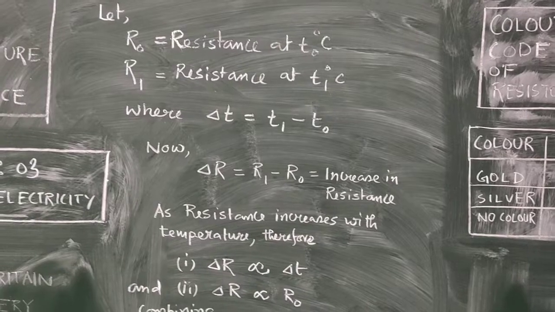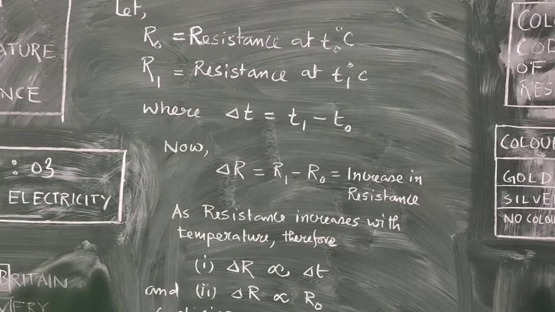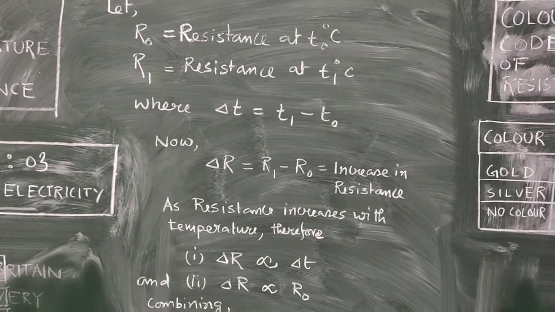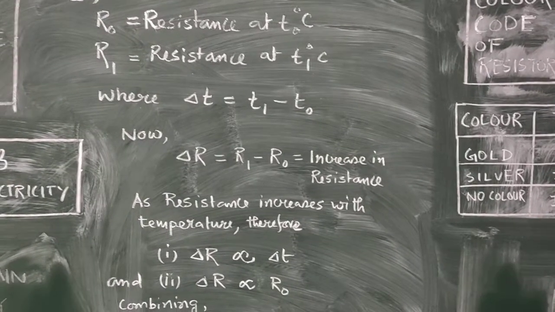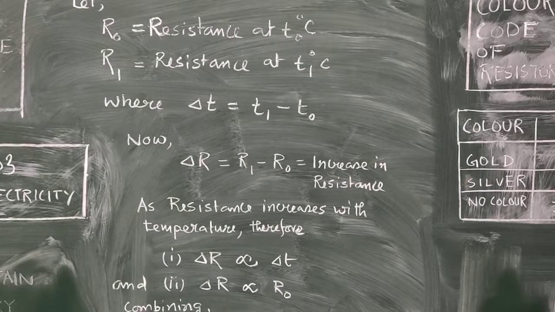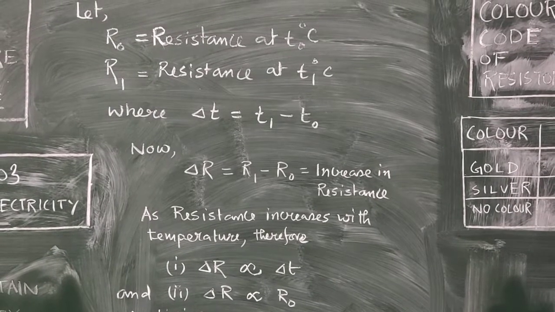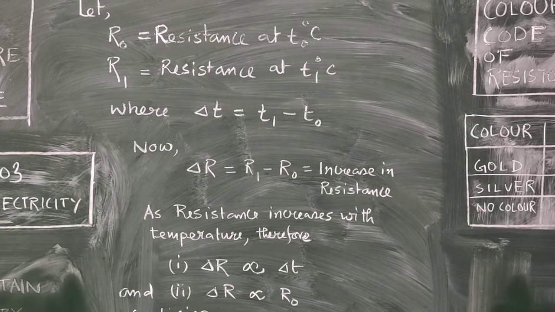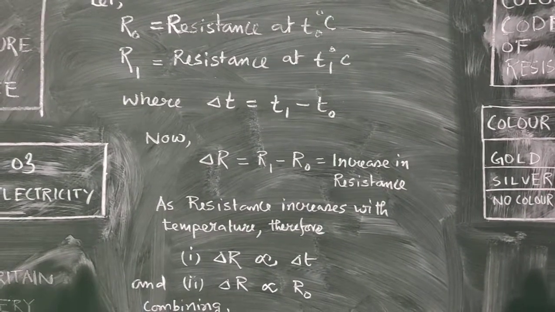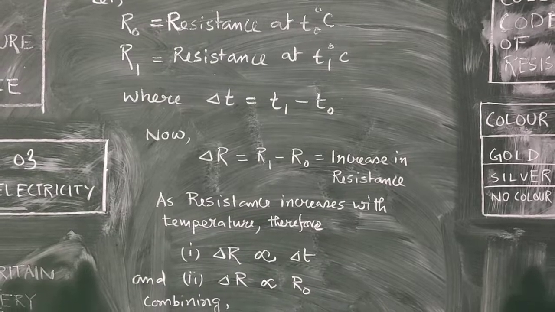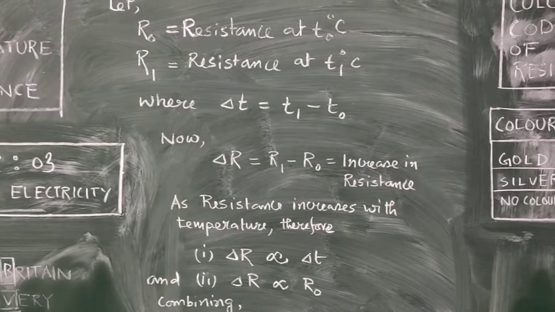Now experimentally it is found that this change in resistance is directly proportional to the difference in temperature. If the difference in temperature is high, then the change in resistance will also be high. For example, if the initial temperature is 30 degrees centigrade and you increase it to 50 degrees centigrade, it means you have increased by 20 degrees centigrade. So there is a change in resistance.